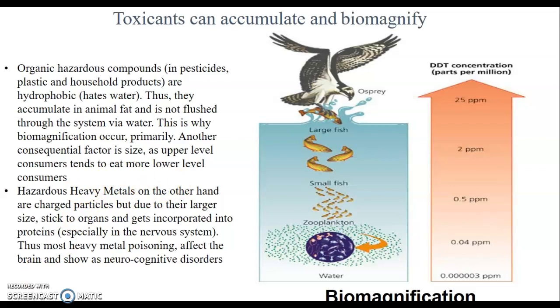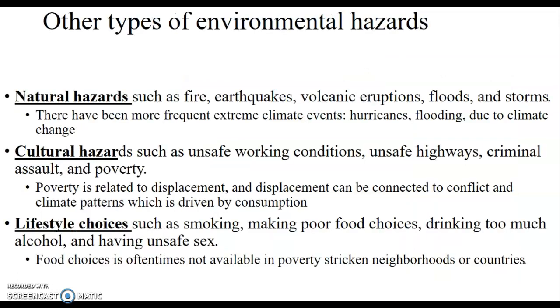Something small will eat something small, with small amounts of contaminants, but a living creature higher up the food chain will eat more of that, and that's how you magnify a lot of these hazardous chemicals in predators, in large animals. So that's what is being shown by this image.